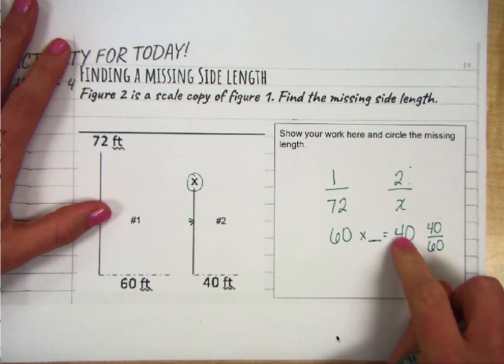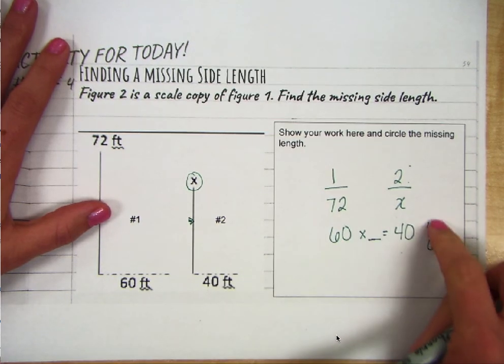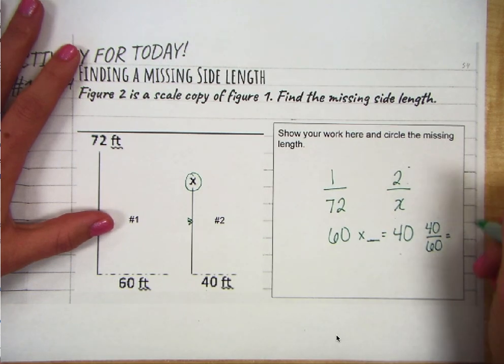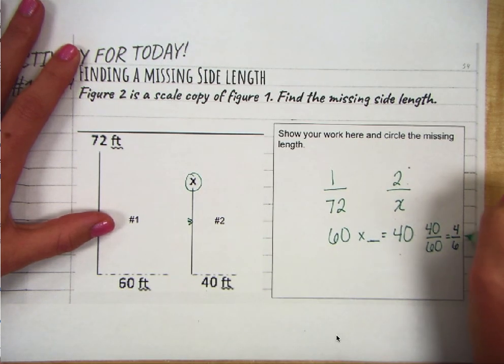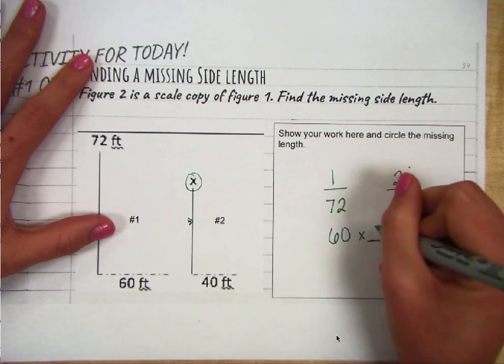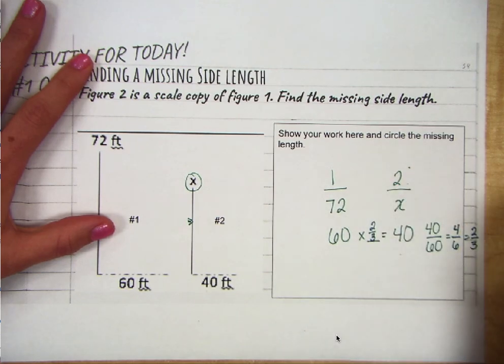Don't divide 60 by 40 because you're getting smaller. We need this to be a fraction less than 1. I can simplify this into 4 over 6. I can even simplify it more into 2/3. So I know that 60 times 2/3 is equal to 40.